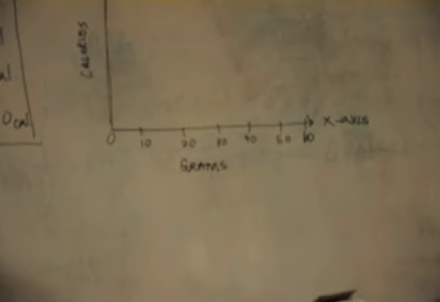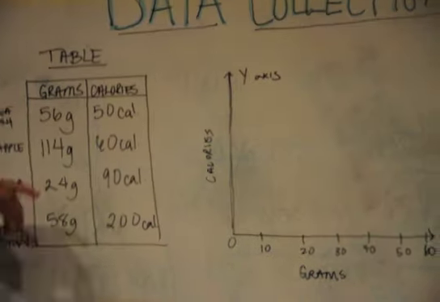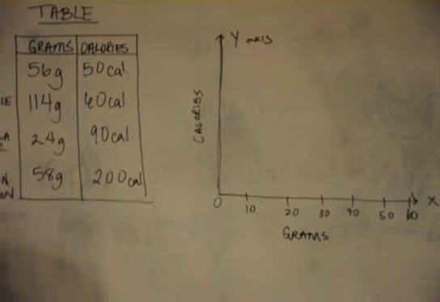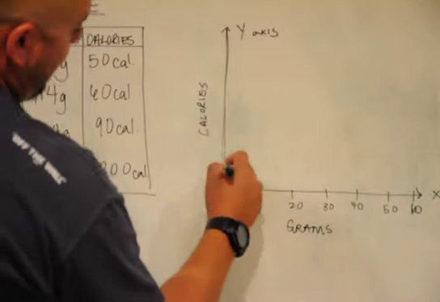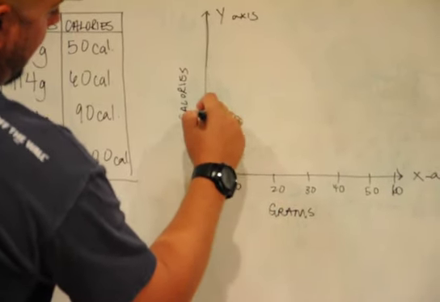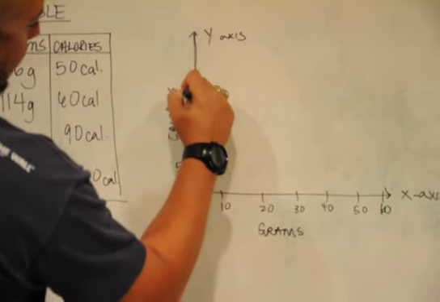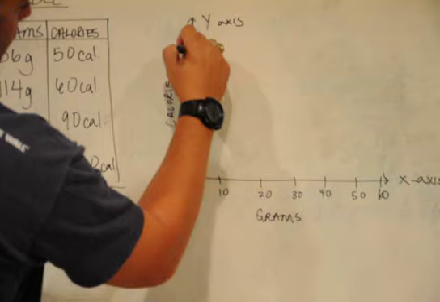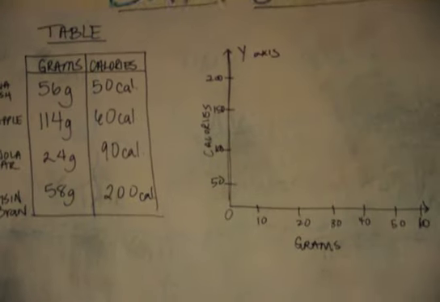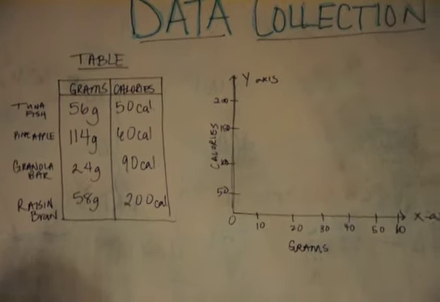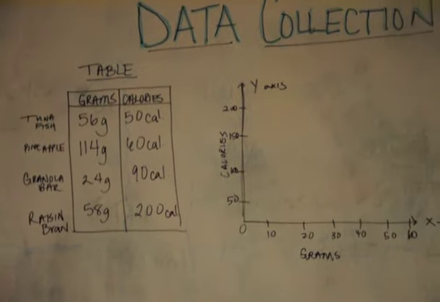Okay? Going up my calories. My calories are a little bit bigger, so I might go by 20s, or in this case, I'm going to go by 50s. So 50, 100, 150, and 200. And all I really need to do for the data collection process is to plot some points.